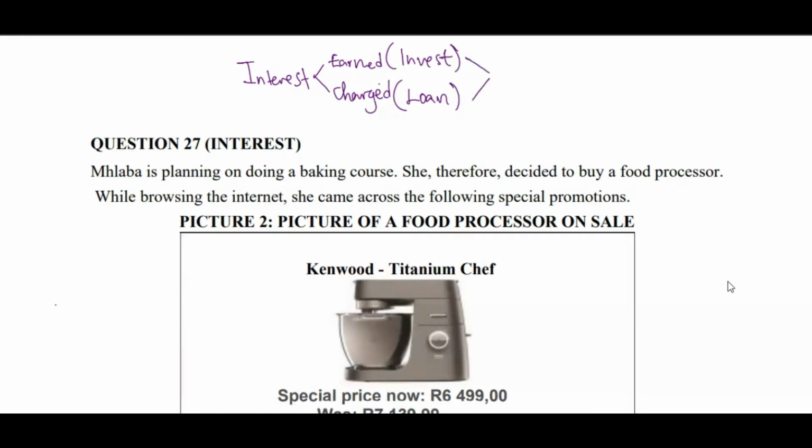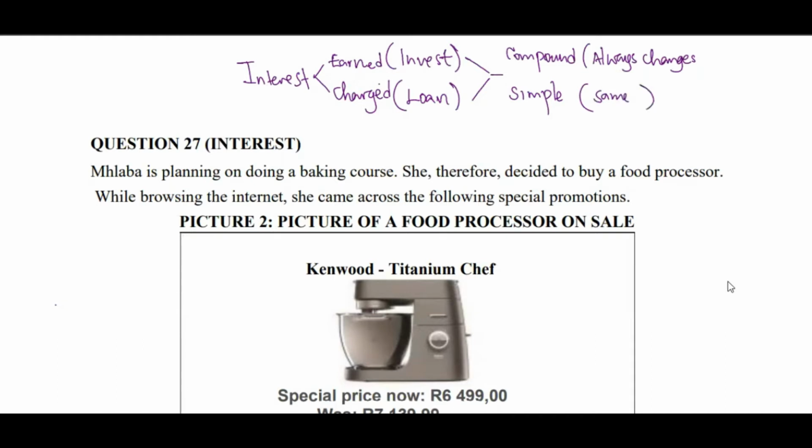There are two methods. Interest is either compound or simple. Compound always changes, whereas simple interest is the same throughout the period.